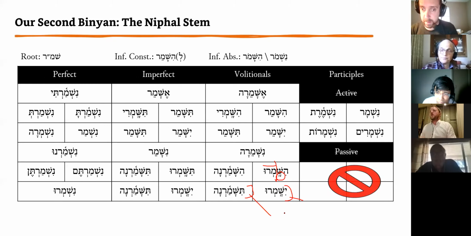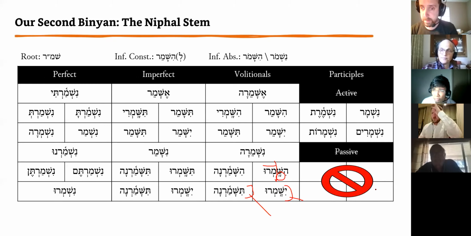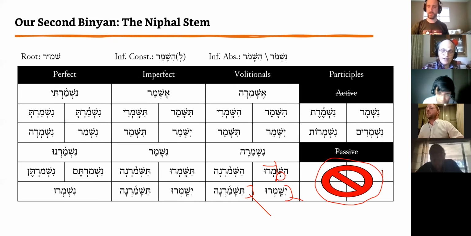In the participles, notice there is no passive participle. Can you explain why that might be? Because this is passive already. What do we need passive participles for? Basically, the active participle, if we could call it that, is functioning as a passive participle.